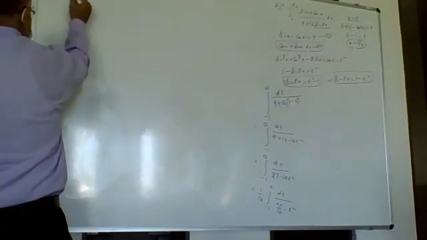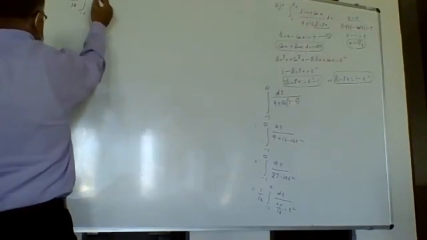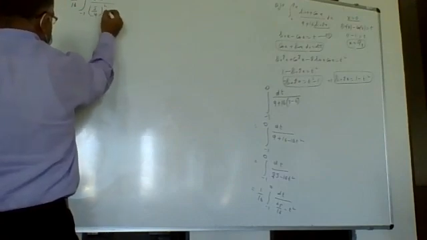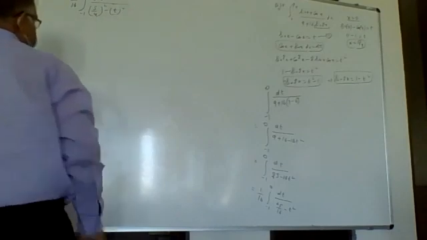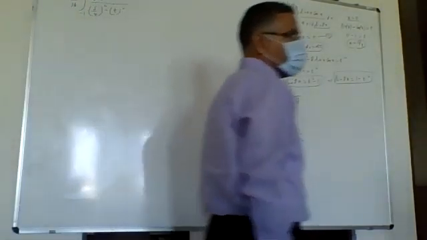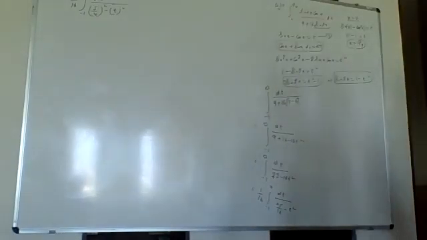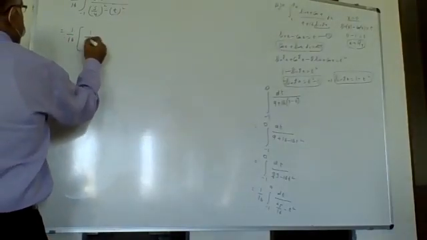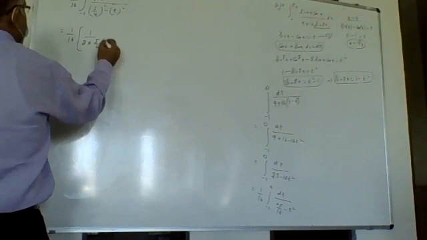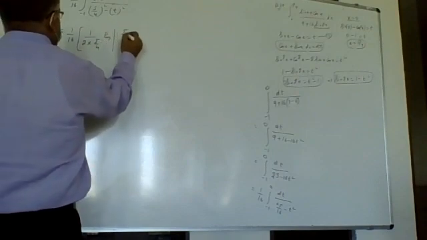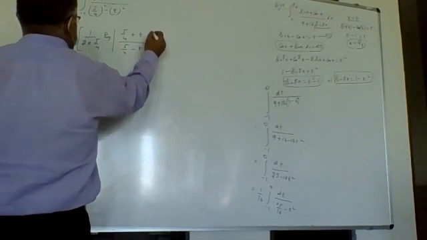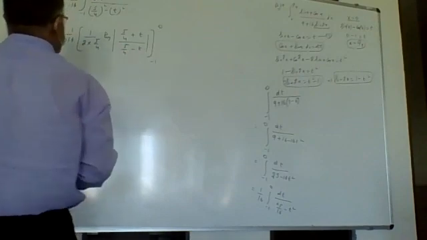So this is 1 over 16, integral from minus 1 to 0 of dt upon (5/4) whole square minus t square. So this is dt upon a square minus x square, which is equal to 1 by 16 times 1 by 2a log of (a plus x) upon (a minus x), from minus 1 to 0.